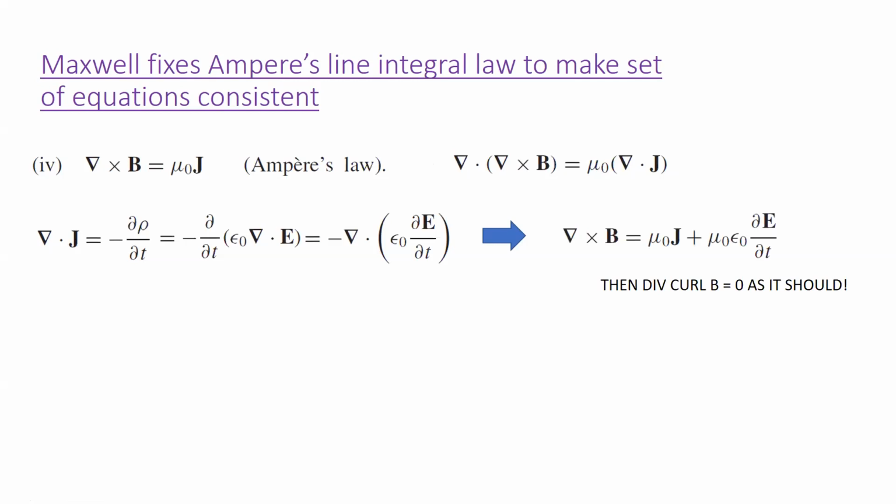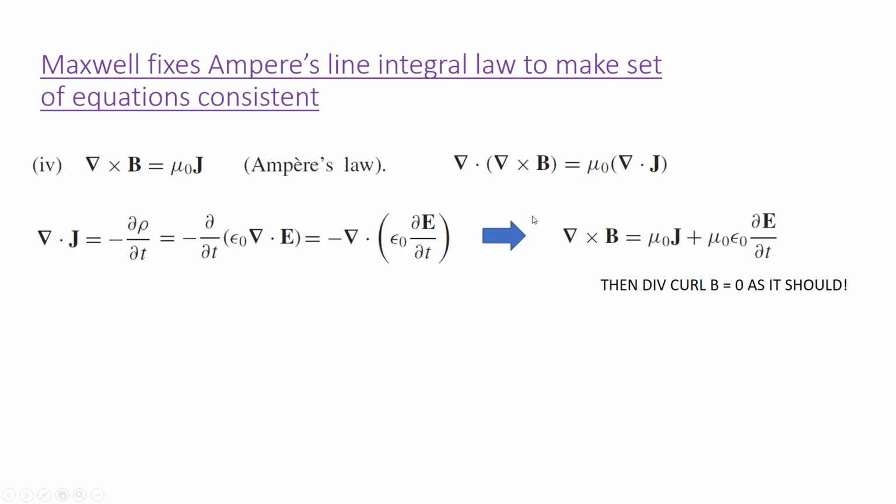And that's what Maxwell did. He suggested that the curl of B should be equal to, yes, as Ampere said, mu naught times J plus mu naught times this term here, epsilon naught dE dt.